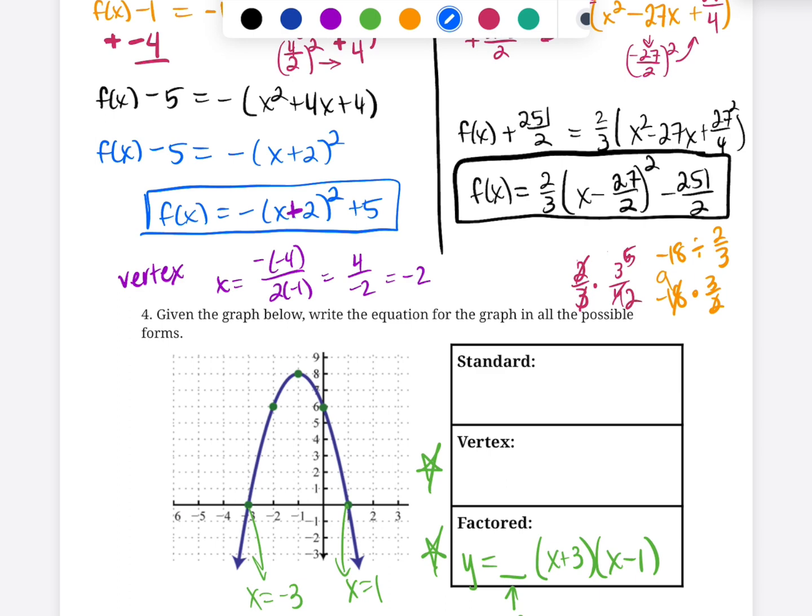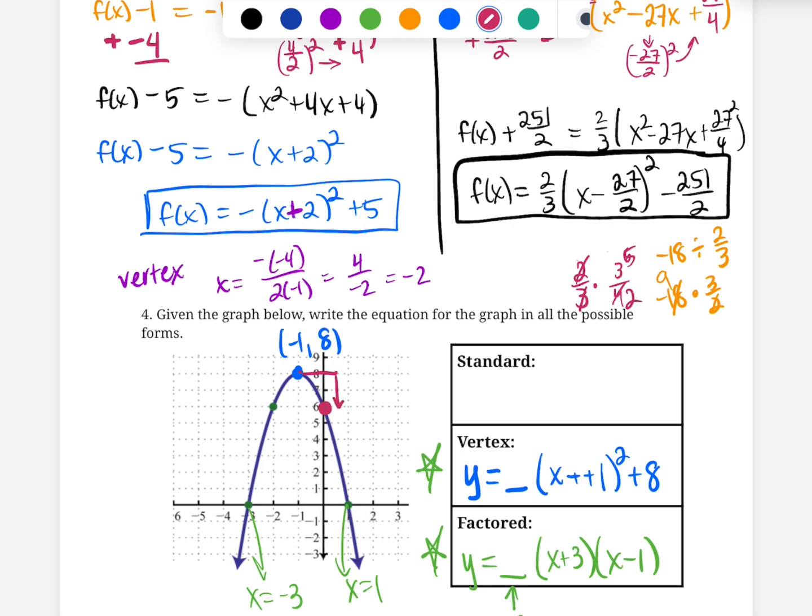And then your vertex form, okay, you can be like, looks like I've got a vertex at negative 1 comma 8. So again, don't know what a is, but I know I have x plus 1 because it's minus negative 1, so that makes it positive, plus 8. It is at this point when it would be helpful to take a look at the shape of your graph. Be like, where's the next point?